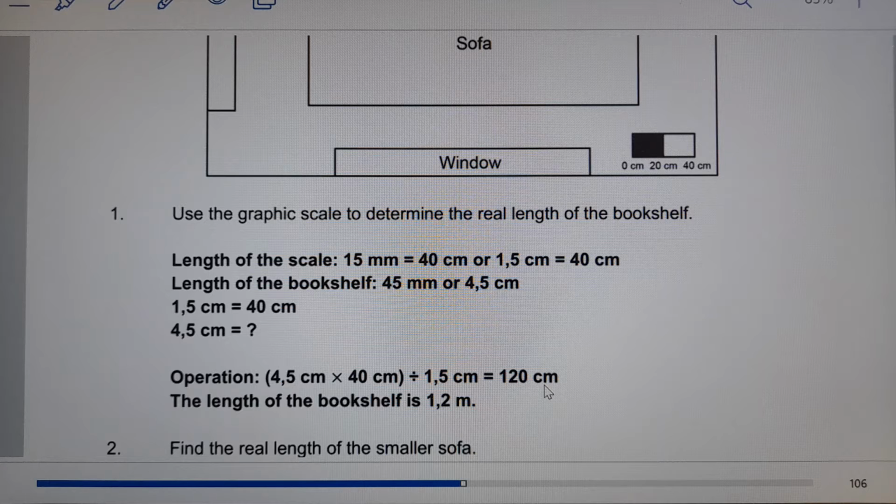This is the map distance multiplied by the map scale. So I will get the real distance, and I convert that real distance into meters. I divide this by 100.